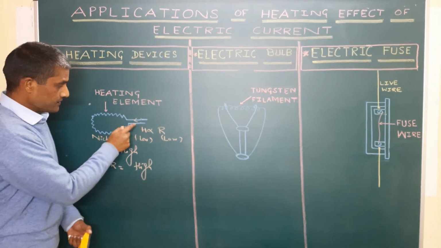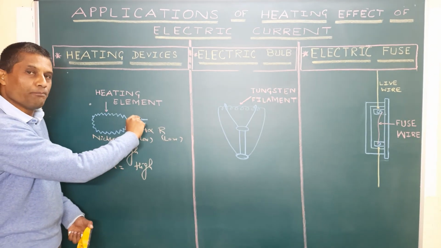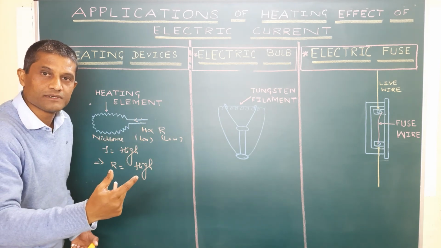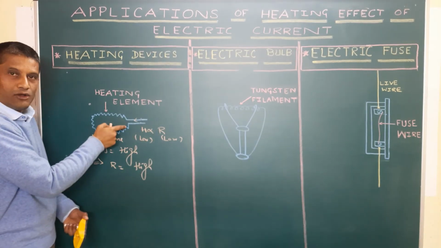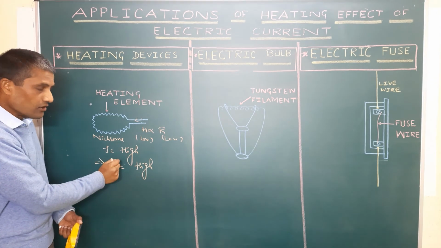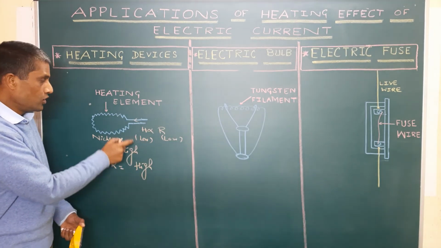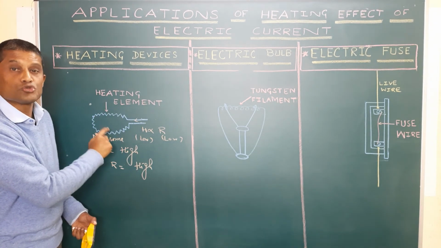The current which was earlier flowing through the cord made of copper doesn't create too much heat. When the same current begins to flow through this nichrome alloy, then due to its high resistivity, or in other words its high resistance, too much heat is produced in this heating element. Too much heat.